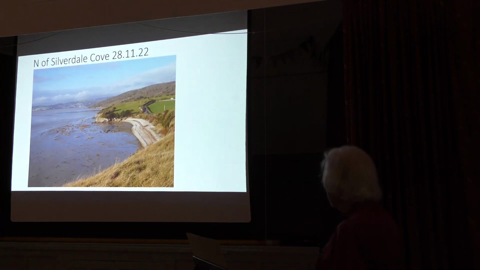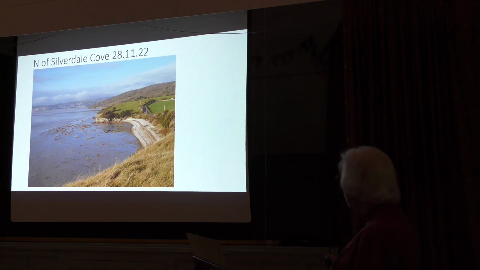And the next photograph is taken further north of Silverdale Cove, just where the road dips down very close to the shore. You'll probably be quite familiar with this, or many of you will be. And you can see that there is extensive clumps of Spartina, so there is marsh beginning to recolonise here.